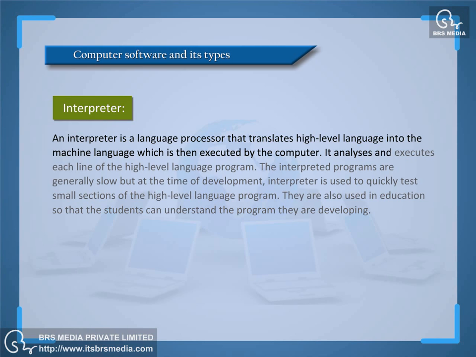It analyzes and executes each line of the high-level language program. Interpreted programs are generally slow, but at the time of development, an interpreter is used to quickly test small sections of the high-level language program. They are also used in education so that students can understand the program they are developing.